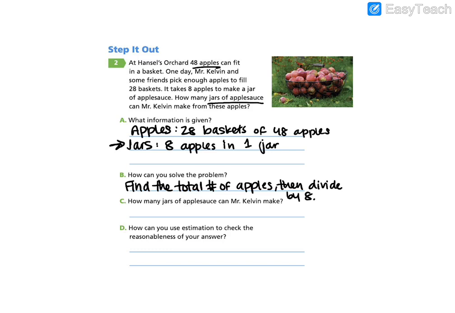All right, so let's go ahead and get started. We need to find 48 times 28 baskets. All right, go ahead and use any method. Pause the video to solve 48 times 28.